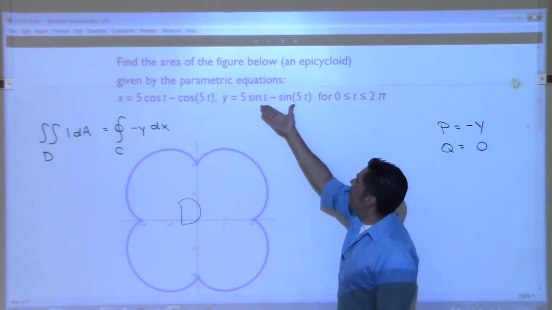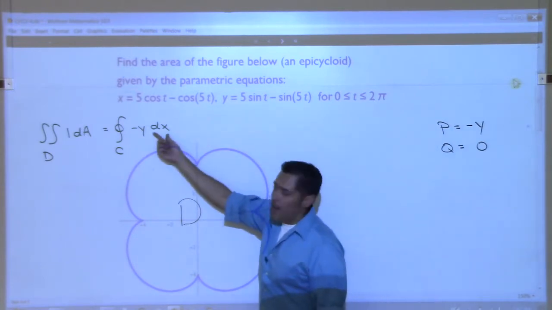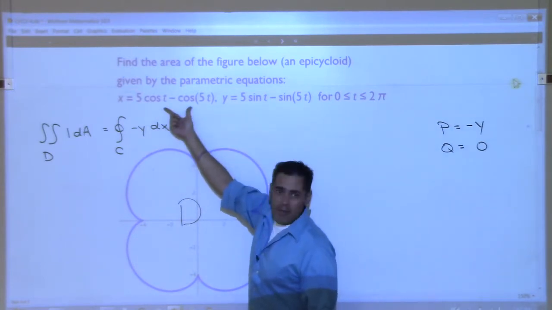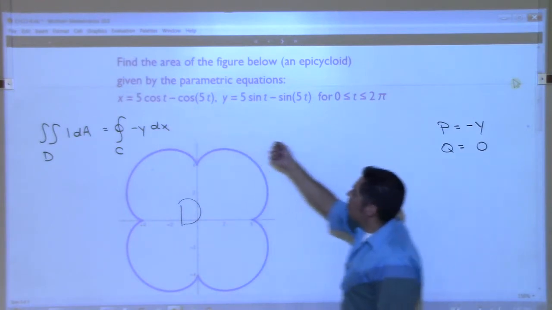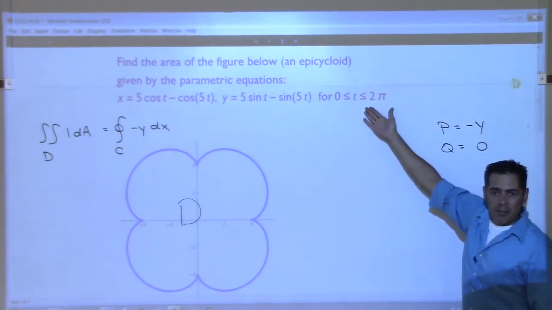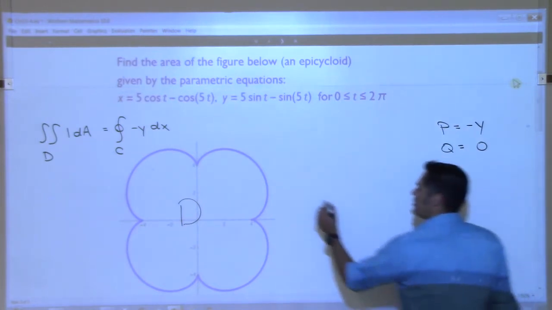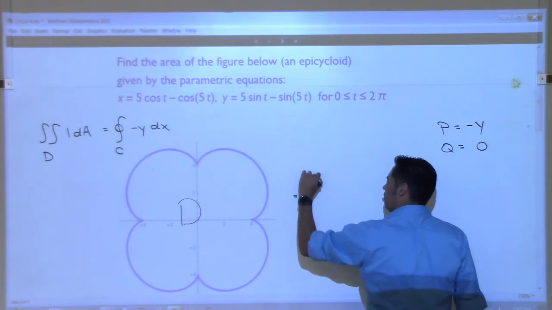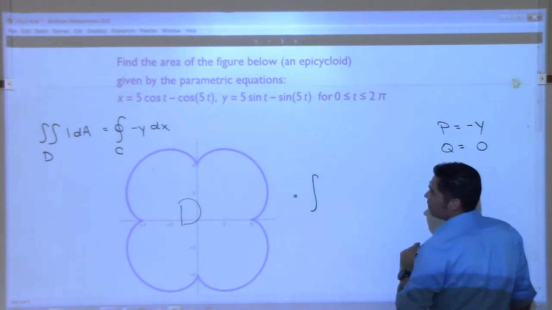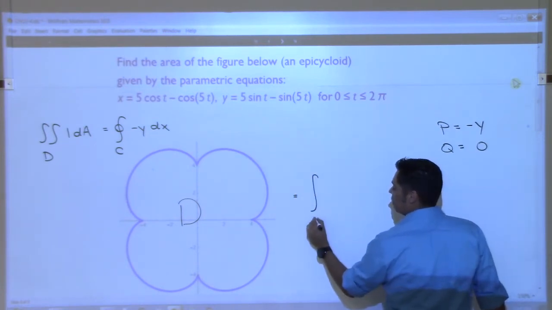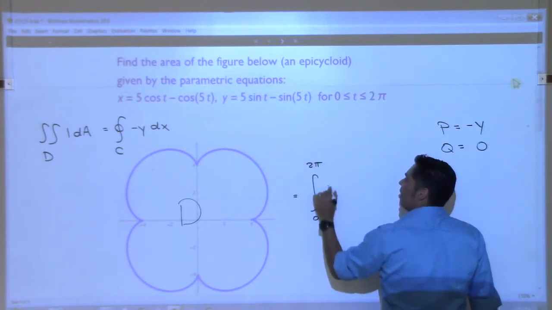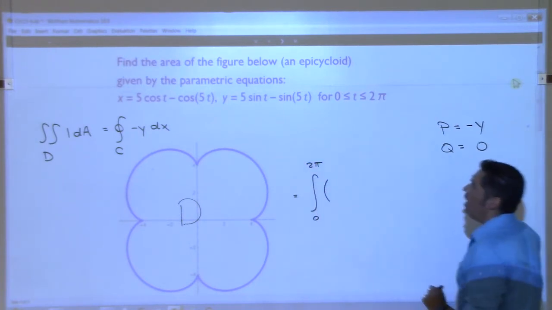What else do we need to know? Dx, right? Dx is the derivative of this. And we know the restrictions on t. So we have everything we need, don't we? Do you all follow me or no? Okay. So that should become integral going from where to where? 0 to pi. And then negative y.